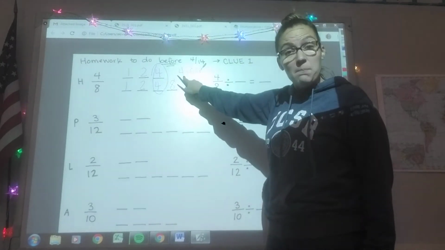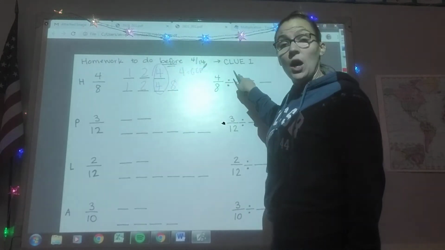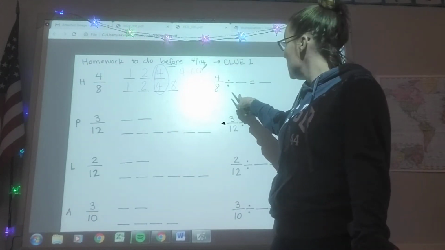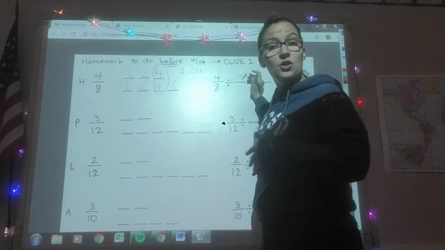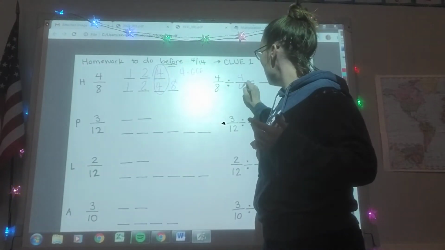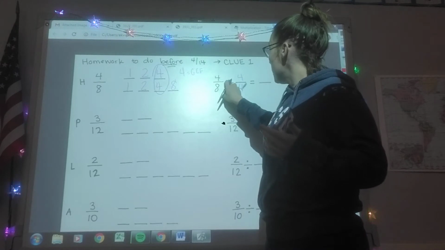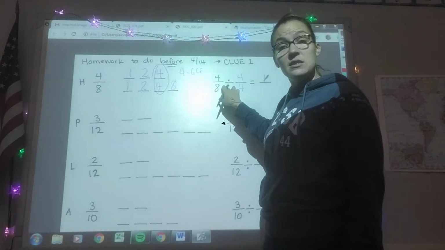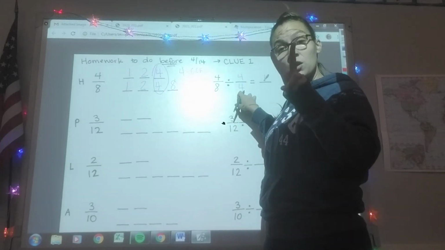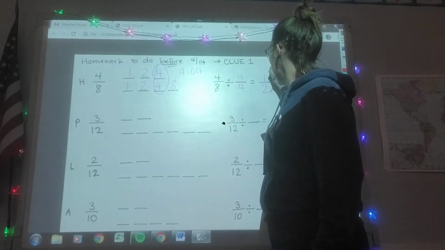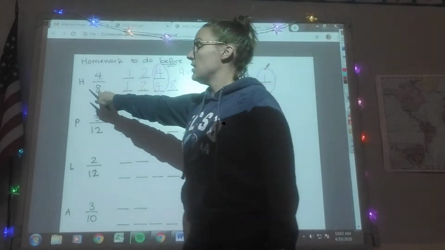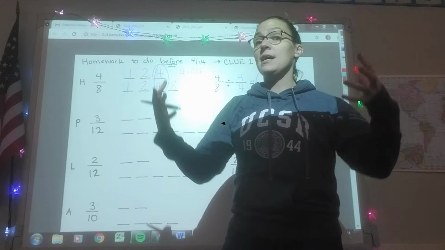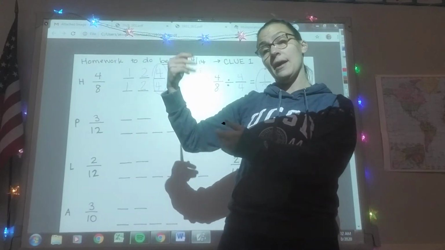That's the number that we're going to use on the top and the bottom to simplify our fraction. So we're going to divide by 4, whatever you do to the top, you got to do to the bottom. So 4 divided by 4 is 1, and 8 divided by 4 is 2, right? So 1/2 is the same as 4/8, but it has the smaller numbers on the top and the bottom.